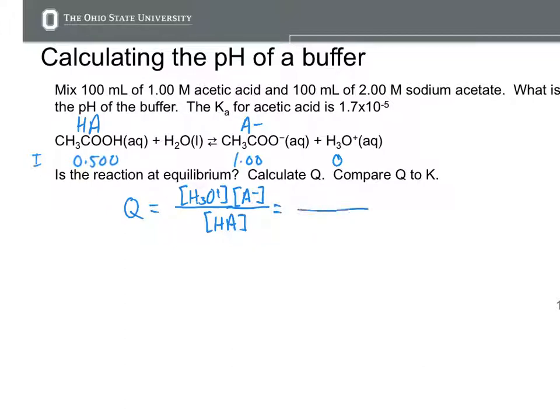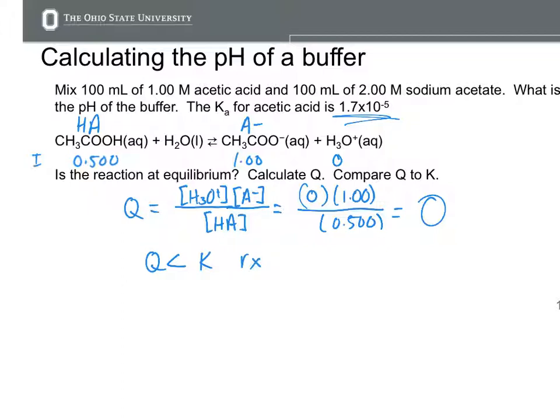And so it's going to be equal to 0 times 1 divided by 0.5. And I end up with 0. So Q is less than K. And the reaction will proceed towards the products.